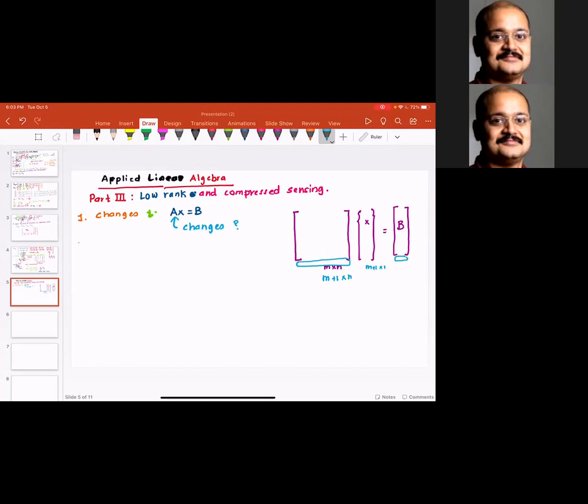The second problem is you have this matrix Ax = b, but A has decaying singular values.